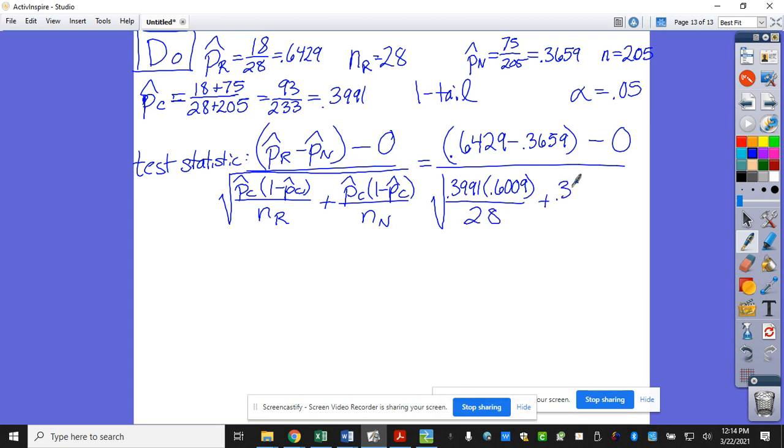This one is also going to be 0.3991 times 0.6009, but this one's going to be divided by 205. You are more than welcome to type in all this, but this is one where I would probably never type this in my calculator for any reason, because the test button in our calculator does all of this for us.